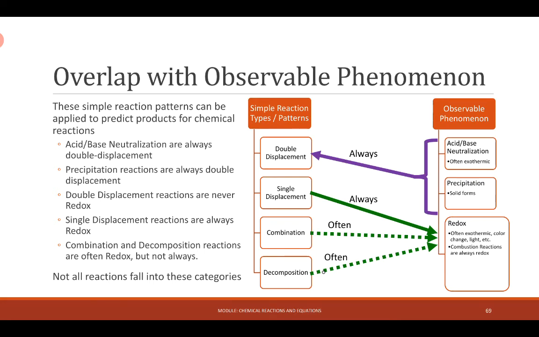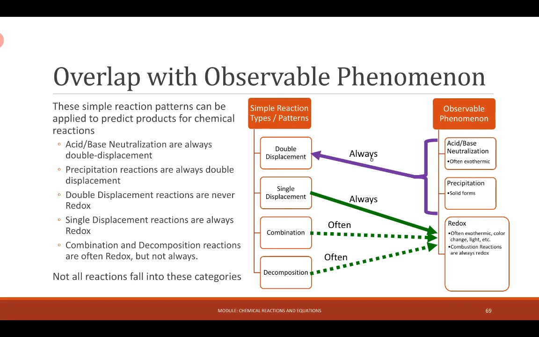Combination and decomposition could be redox, they could be not redox. So combination and decomposition are often redox, but not always. The only things that you can count on are single displacement are always redox, combustion reactions are always redox, and acid-base neutralization and precipitation are always double displacement.